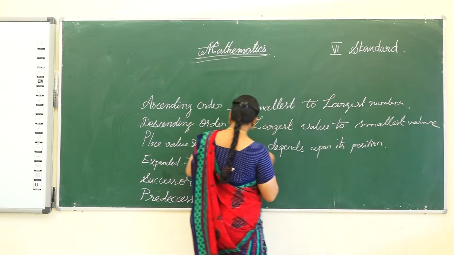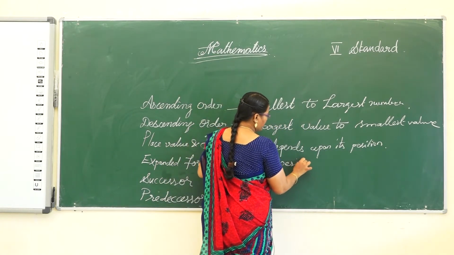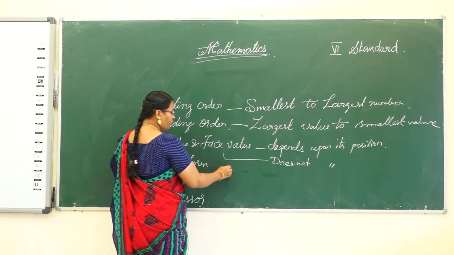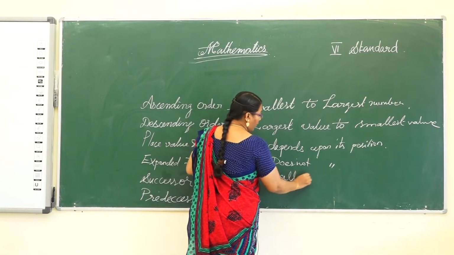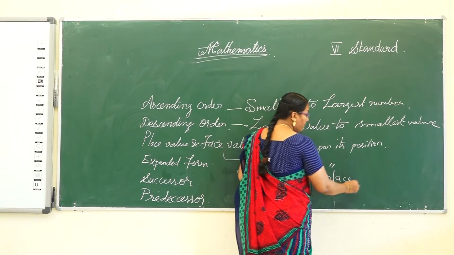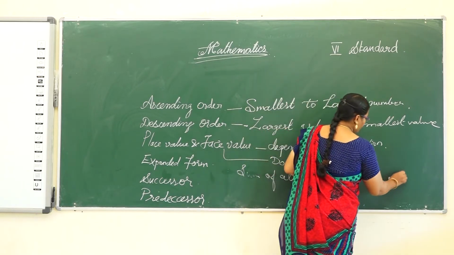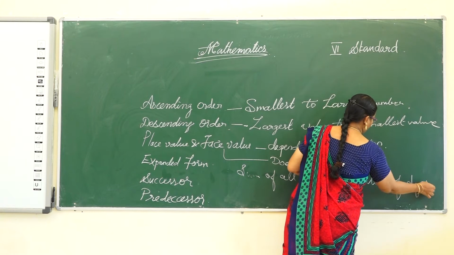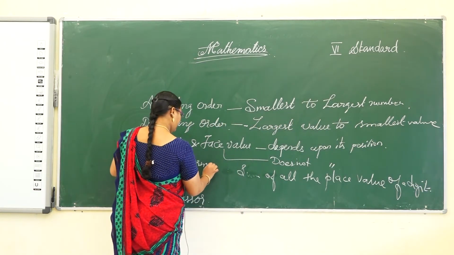And face value does not depend upon a position. And expanded form is the sum of all the place values of a digit.